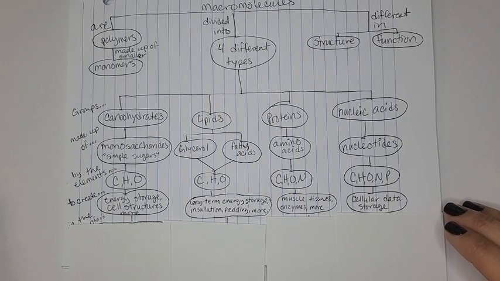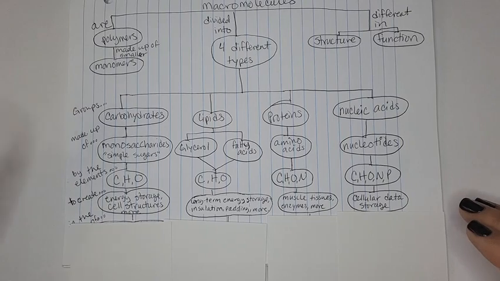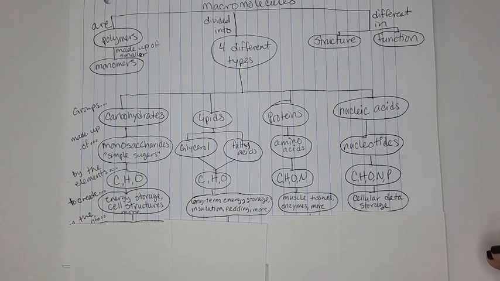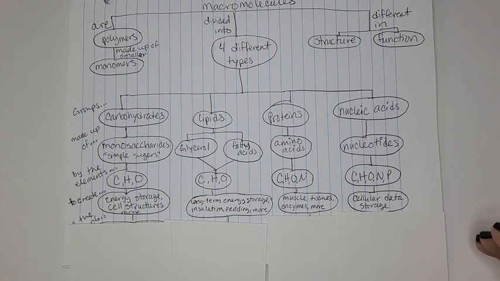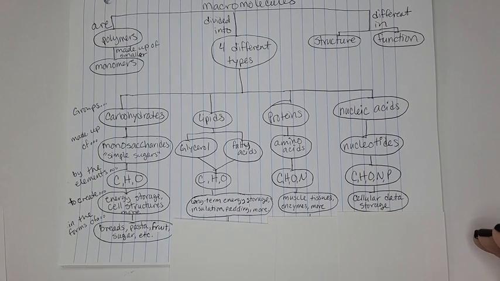Okay, but what's all that mean? What does this actually do? So, carbohydrates are made up of monosaccharides with the elements carbon, hydrogen, and oxygen to create energy storage and cellular structures and so much more in the form of things like bread, pasta, fruits, sugars, and more.